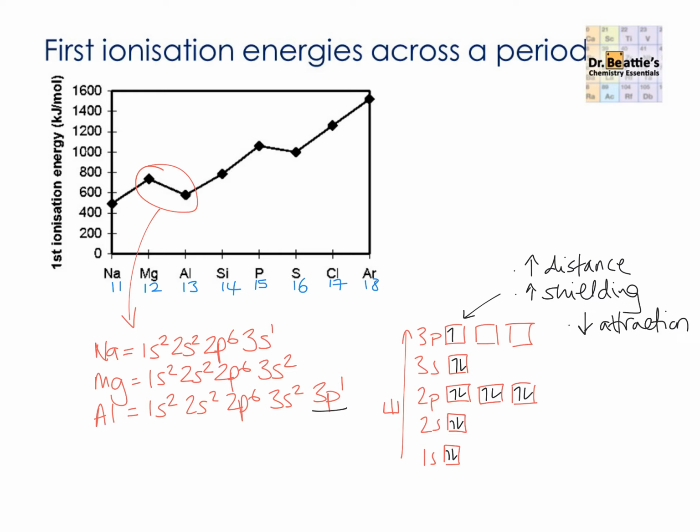And so this means that you need less ionisation energy, and hence why we see this dip as we go from magnesium to aluminium. So it's proof of subshells, because if we didn't have subshells like the s subshell and the p subshell, then we'd expect to just see that general trend occurring throughout.